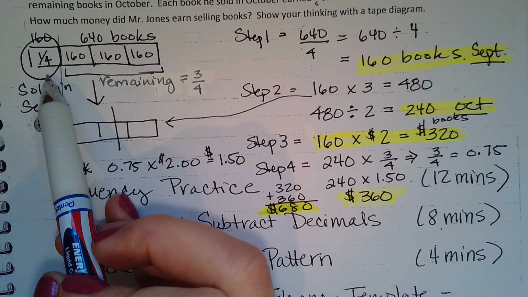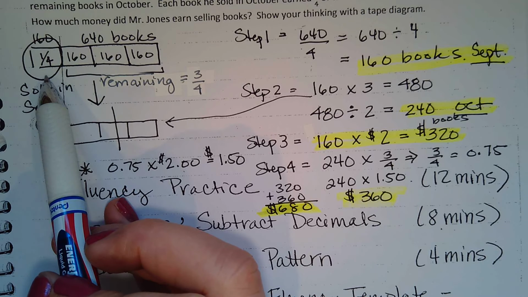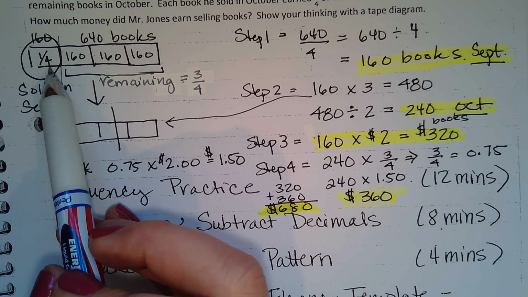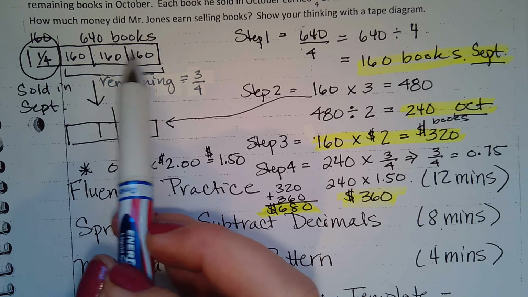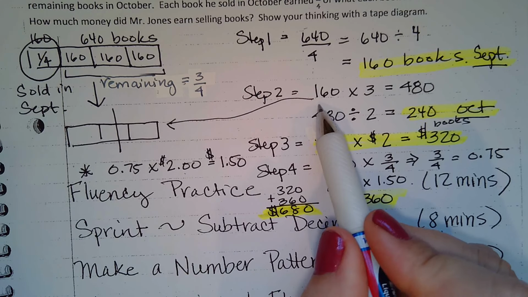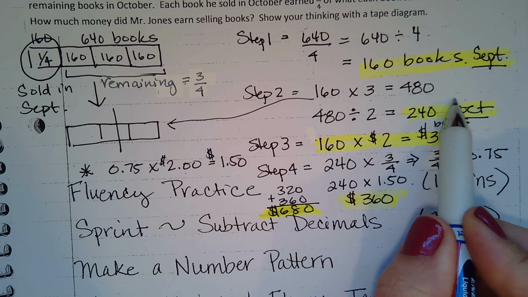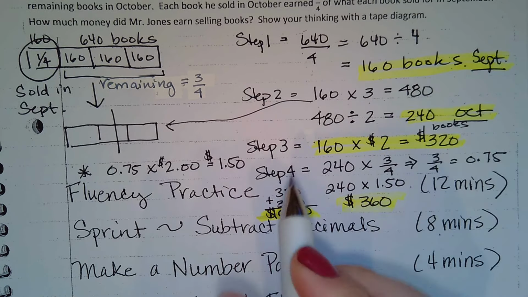So we know that 1/4 is equal to 160 books. Well, if 1/4 is equal to 160 books, then each of the remaining is going to be 160 books. So step two, 160 books times 3 is 480 books.